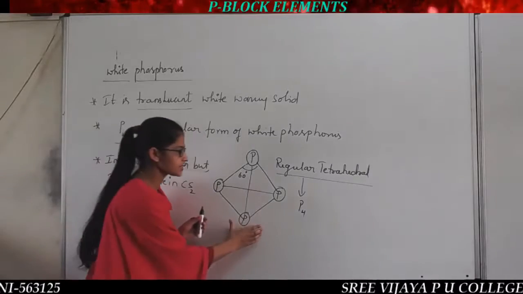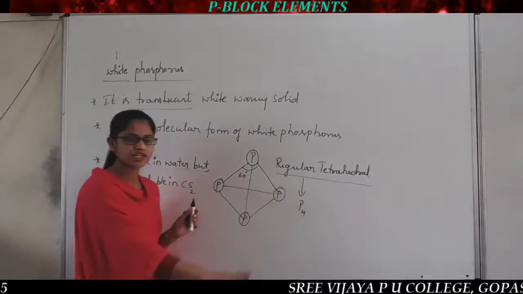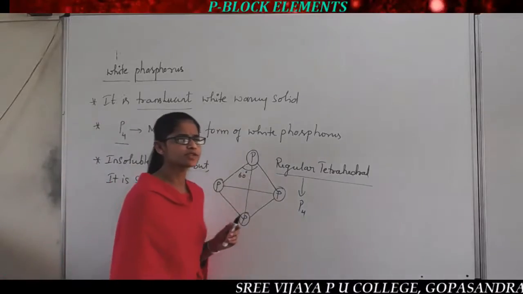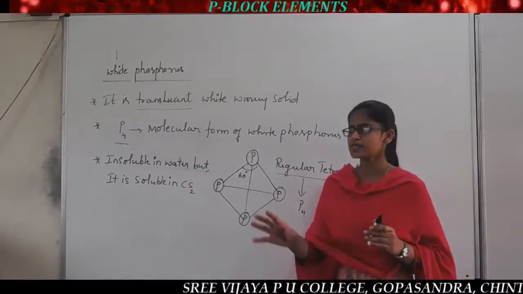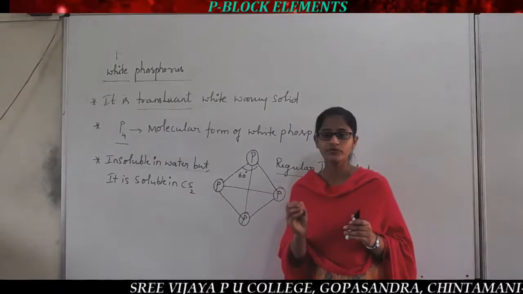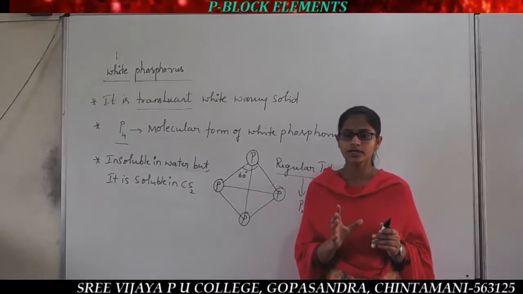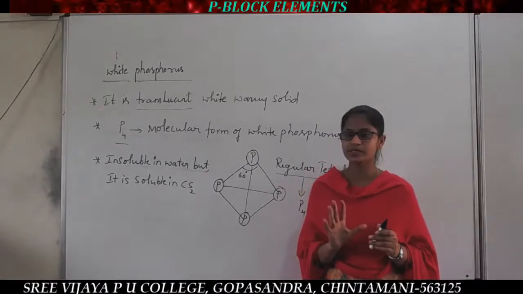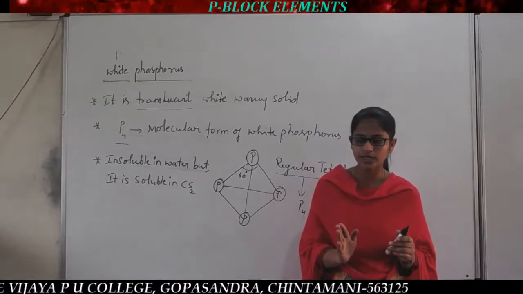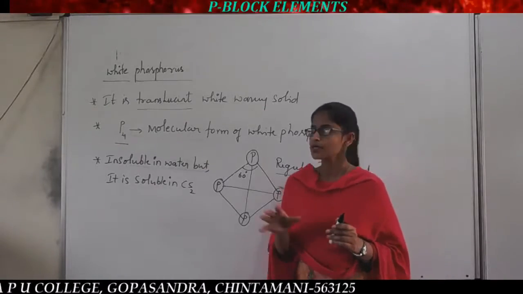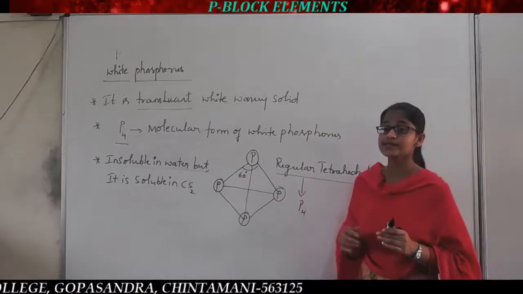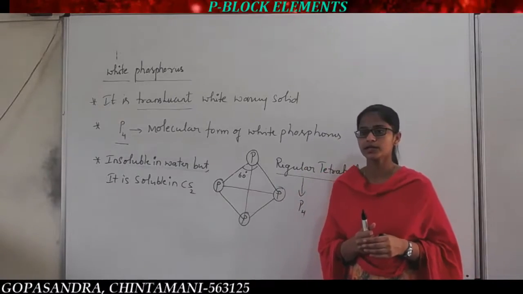Based on this structure, we know the angle strain. Actually this phosphorus exists in the form of a P4 structure, so four atoms of phosphorus are there, and the molecular state exists in P4 form. Based on this, white phosphorus is very reactive. It is less stable.